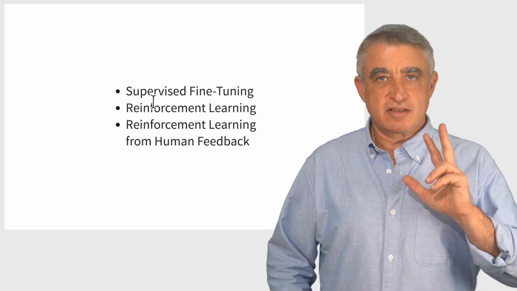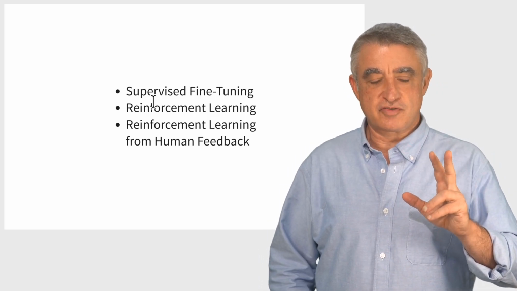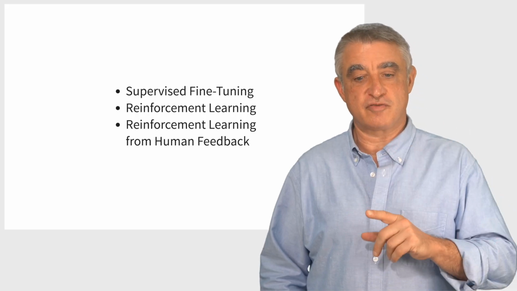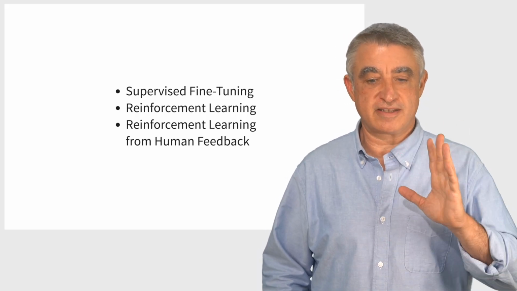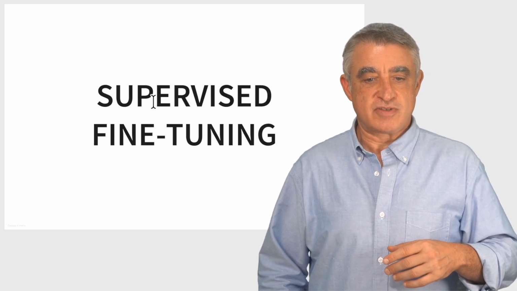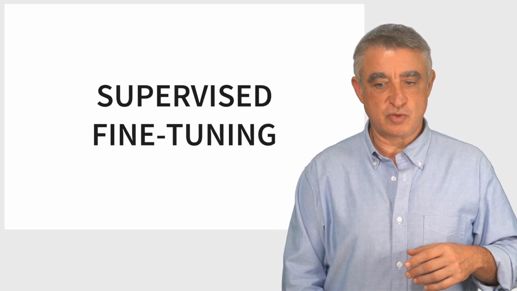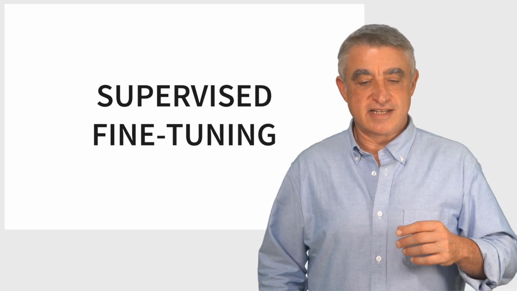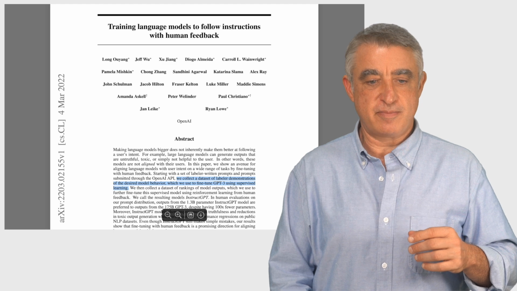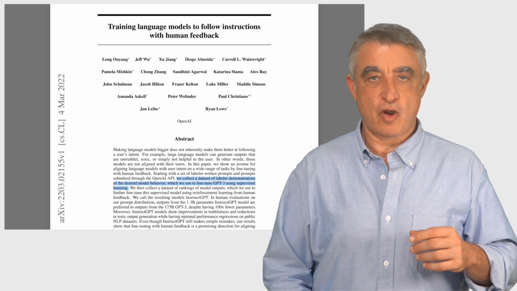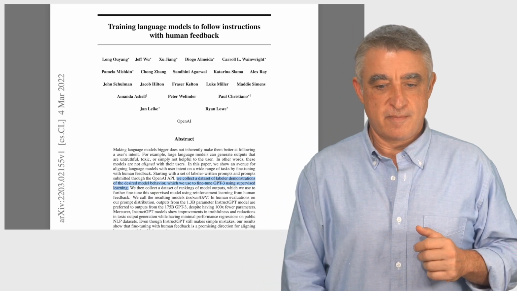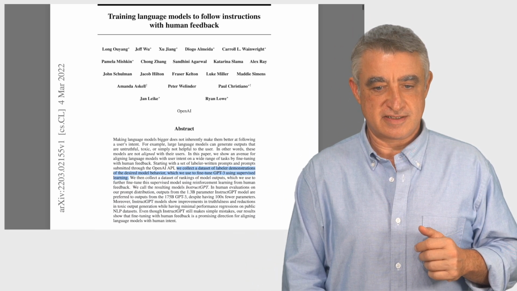So we're going to look at 3 of the main methods used for training: supervised fine-tuning, reinforcement learning, and reinforcement learning from human feedback. These aren't all the methods that are used, but these are 3 of the big ones. So supervised fine-tuning, what is that? That came from this paper from OpenAI in 2022. I've highlighted a little bit of it here.